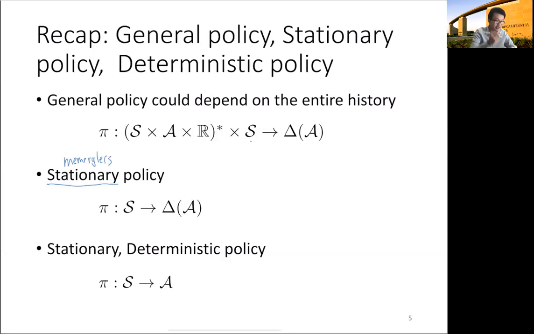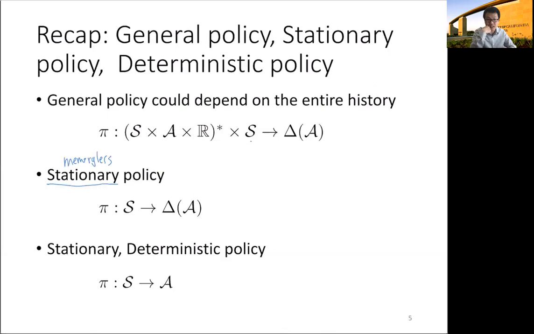You can already see that this is a natural family of policies coming from the Markovian property of Markov decision processes in the first place, because all the future rewards and future distributions are completely described by the current state.